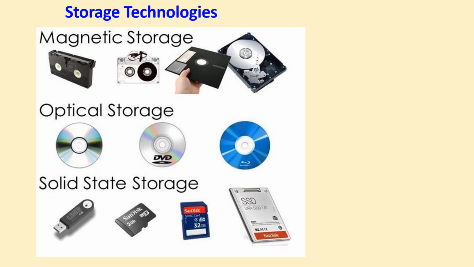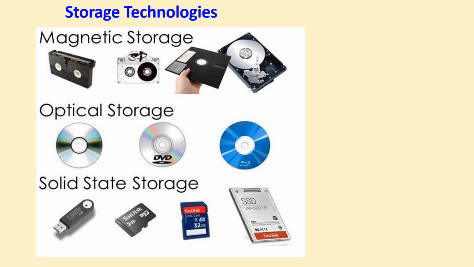Now we will talk about some storage devices. So there are magnetic storage, and in 1990s there were audio tapes, video tapes, and floppy disks, and the hard disk type, they are still in use. And optical storage were used in CDs and DVDs, and it needs some kind of light to read these devices.